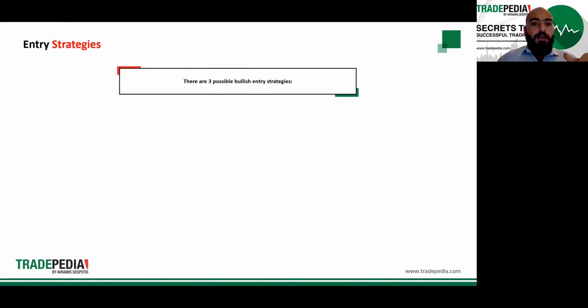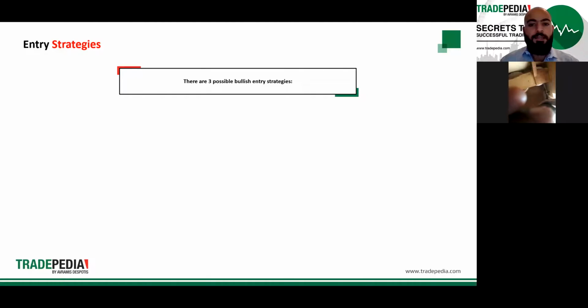Now, the method built around this indicator is very straightforward. Okay? There are three possible bullish entry strategies that this indicator will reveal. Of course, we are going to discuss the bullish strategy, but it is the same. We have the opposite of these three bullish strategies, which are the bearish strategies.